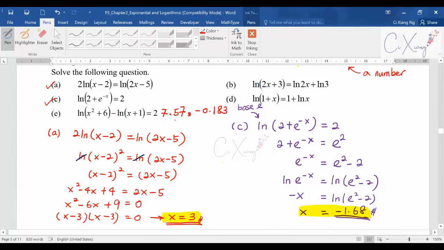So these are the answers for part E. Then for part B, the answer is very straightforward: it is 3/4 or 0.75. And for part D, the answer is negative 0. No, not negative. The answer will be 0.82.